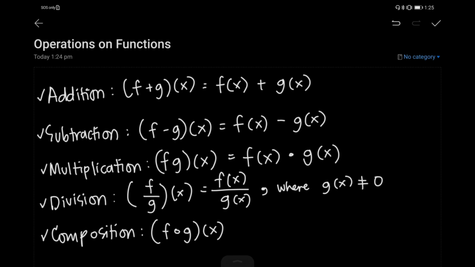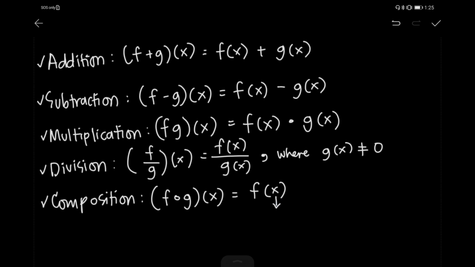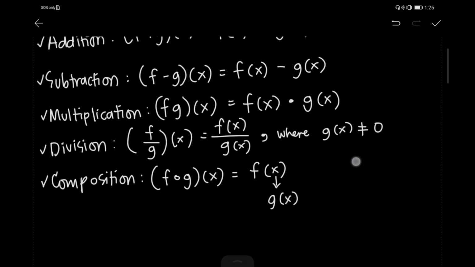It means that the value of your second function will serve as the value of your x in your first function, the f of x. So in the x of the first function, you are just going to substitute the value of your g of x. We're going to discuss this composition of functions in a separate video.